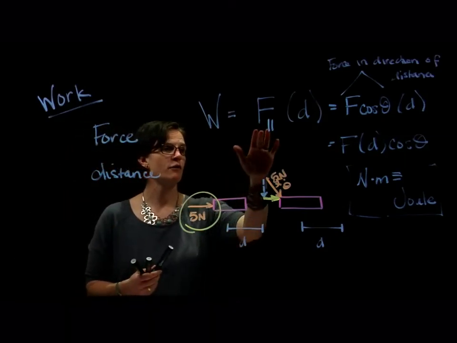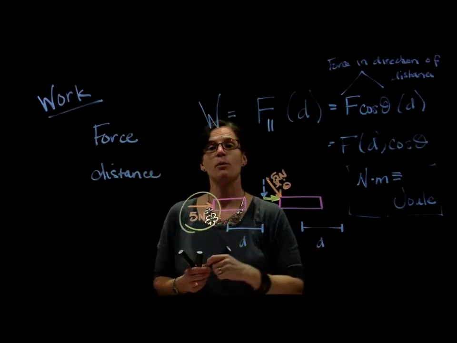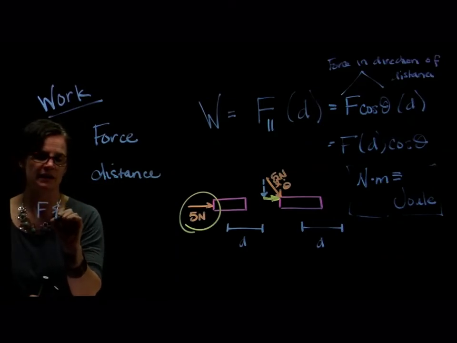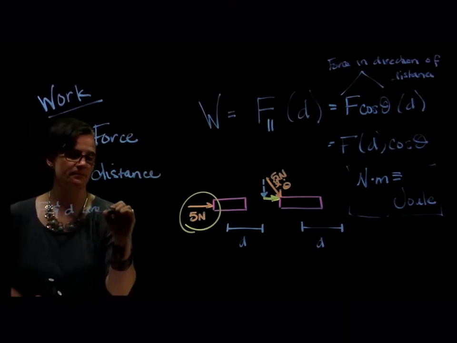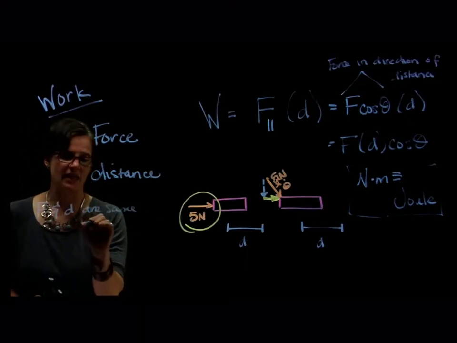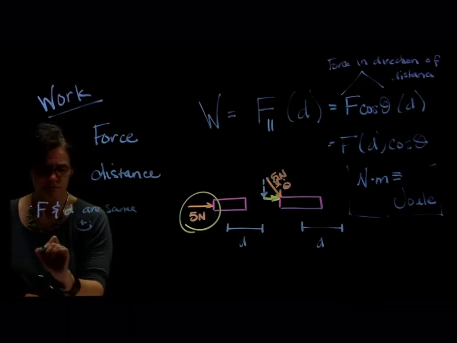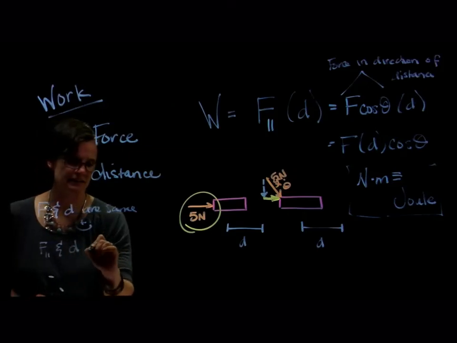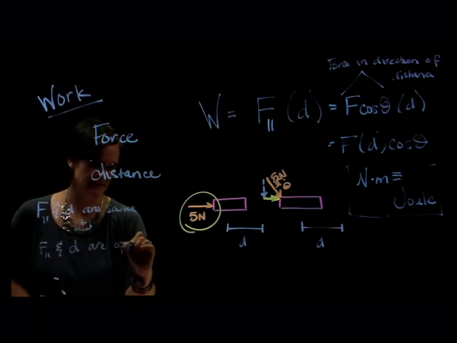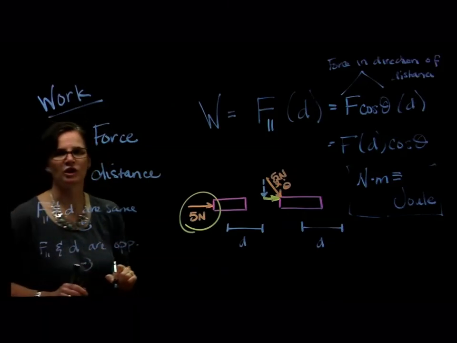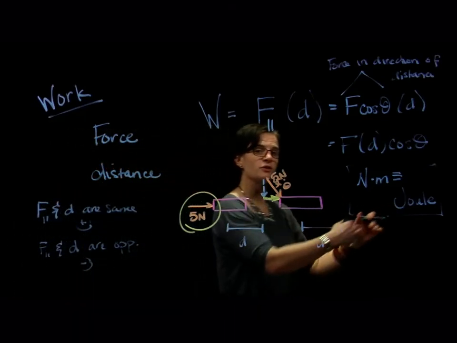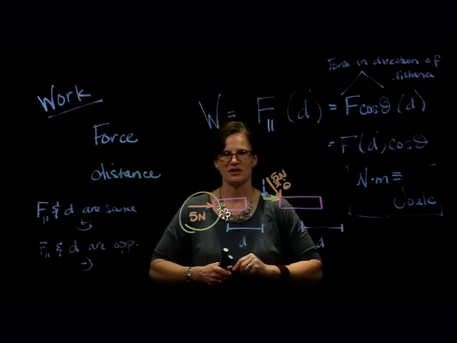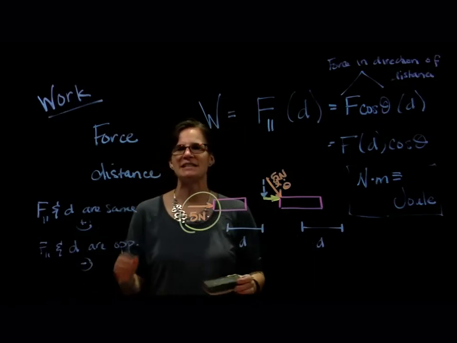So, if the force and the distance are both in the same direction, we say that is positive work. If the force, and again this is the parallel force, and the distance are opposite, we say that is negative work. So we are working with the direction that the object is moving, or you're working against the direction that object is moving. So let's take a little example of that.